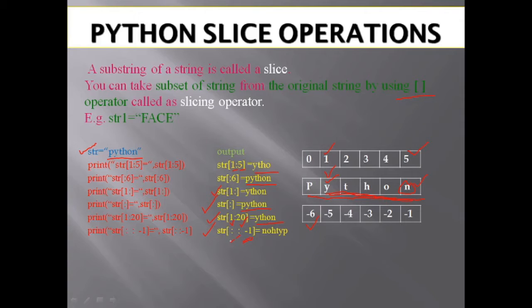Now here the starting position is not given and the ending position is not given, so this slicing operation will read your string in reverse manner. This concept we are going to implement in our assignment, that is, using this slicing operation we are going to implement it in today's assignment.